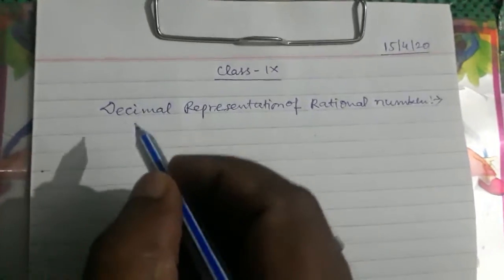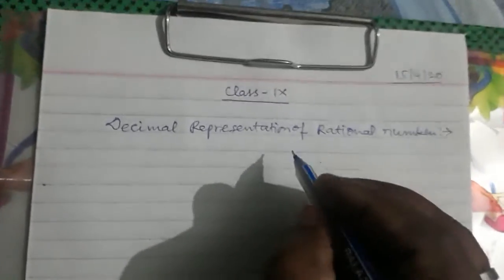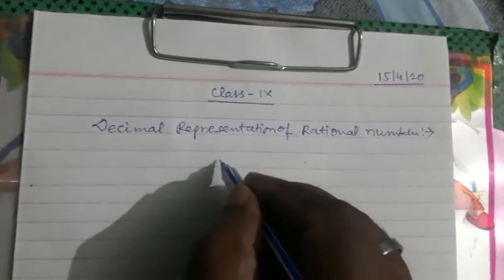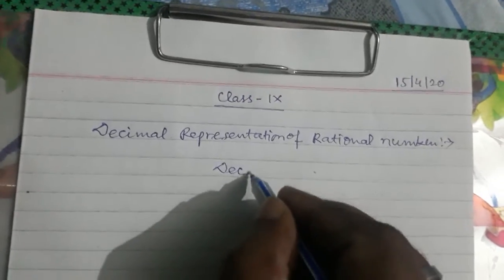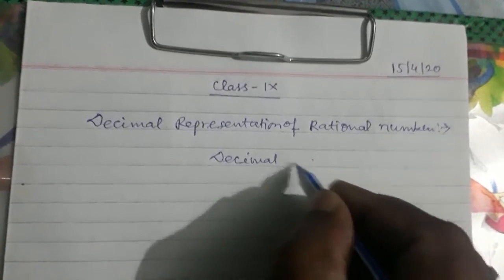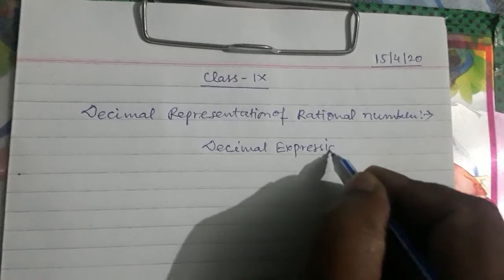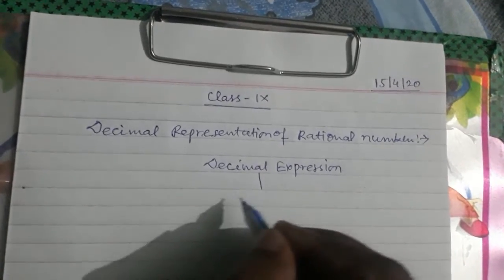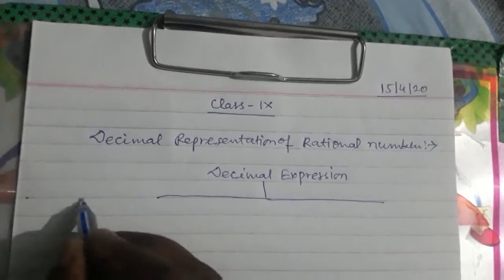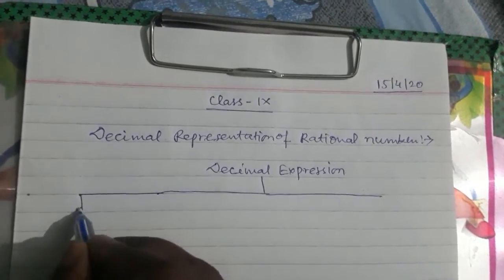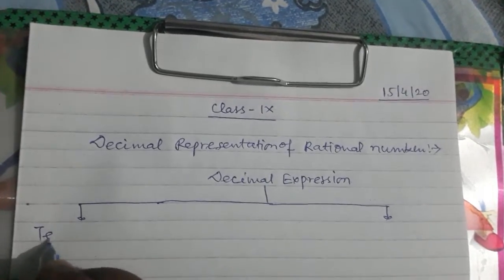Decimal expression is of two types. First, terminating decimal.